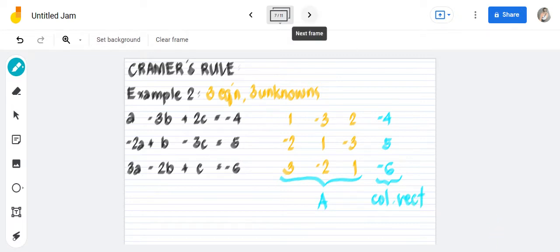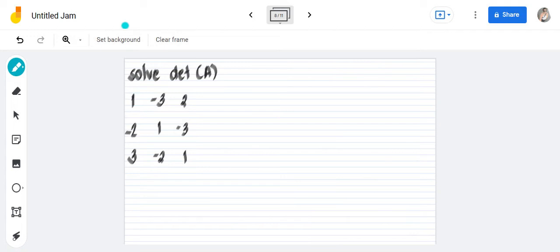So let's start our solution. We solve first the determinant of your coefficient matrix, which is equal to 1 times 1 times 1, plus negative 3 times negative 3 times 3, we get 27, plus 2 times negative 2 times negative 2, that is 8.